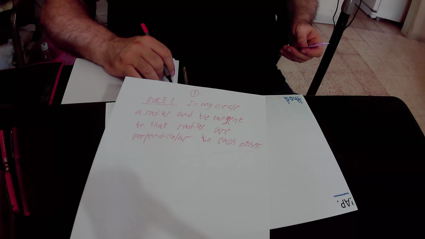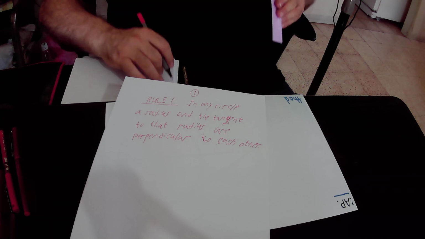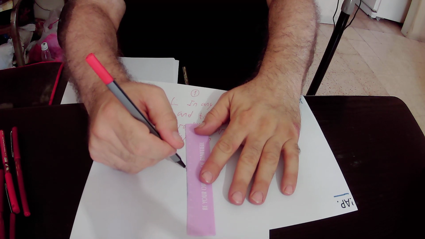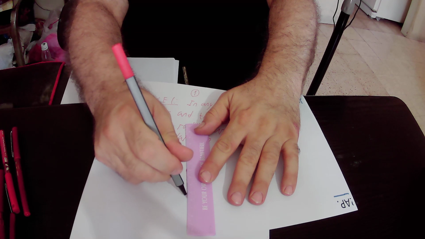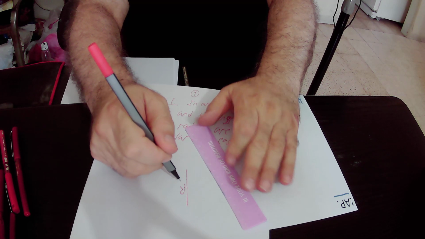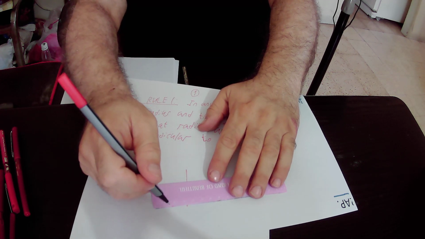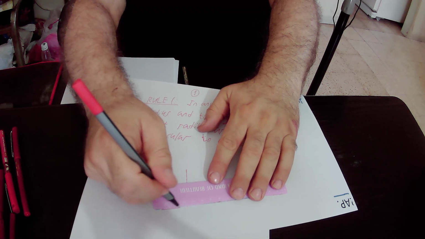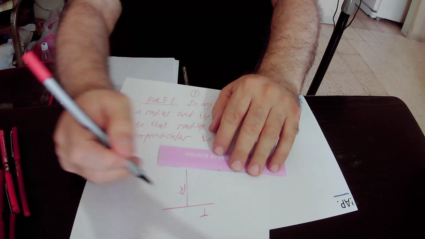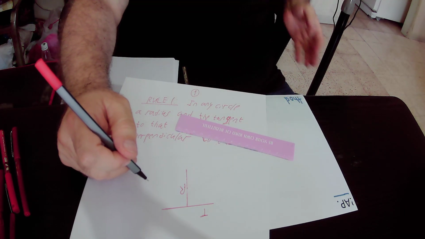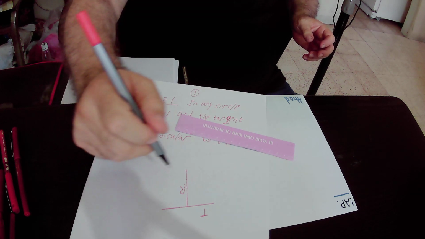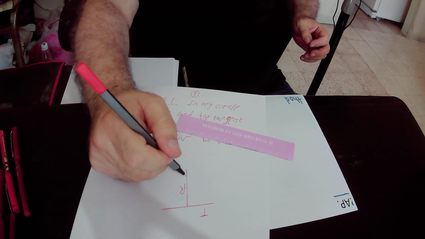So if we have a radius of the circle, I will call it R, and we have also a tangent to that radius, I will call it T. So a radius and the tangent to that radius are perpendicular to each other.